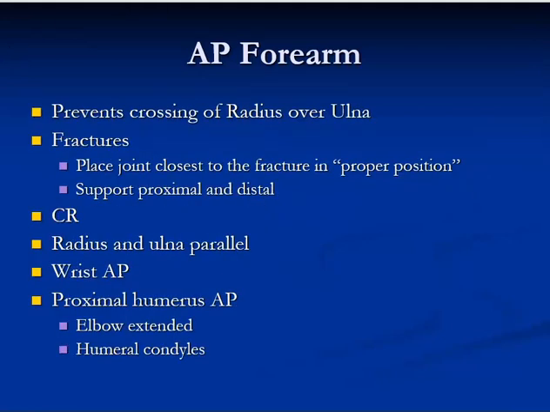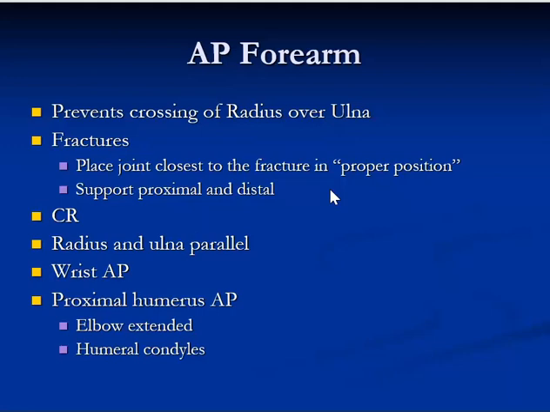I hit pause and don't know where I left off, so I'm going to go back to this slide right here. So AP forearm, supinated hand, it prevents crossing of the radius over the ulna. If the patient has an obvious deformity and we're looking at a probable fracture or an obvious fracture, then we're going to place the joint that's closest to the fracture in as close to the proper position as possible.